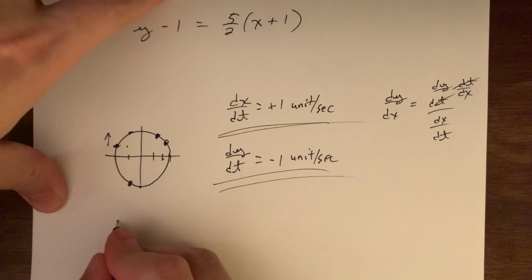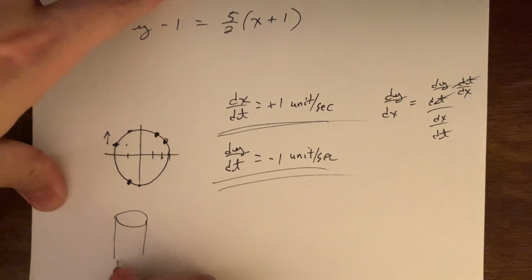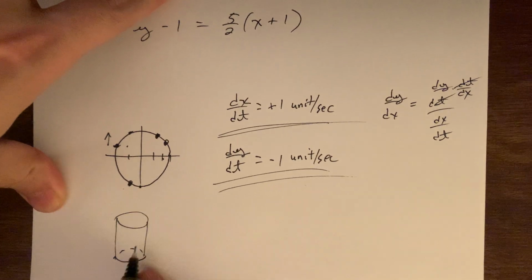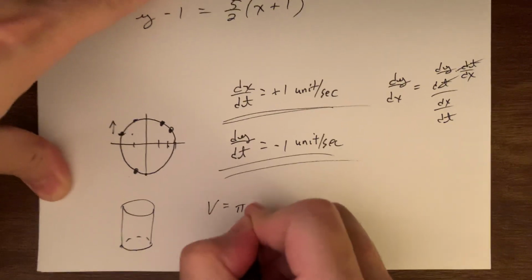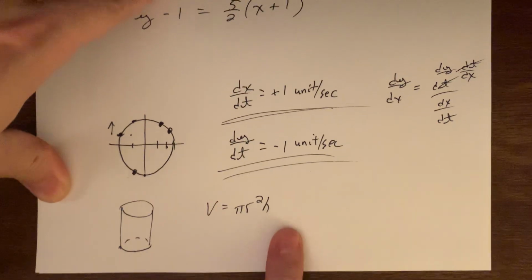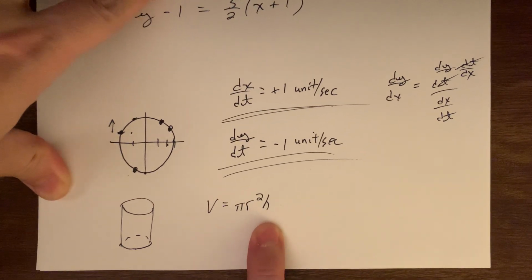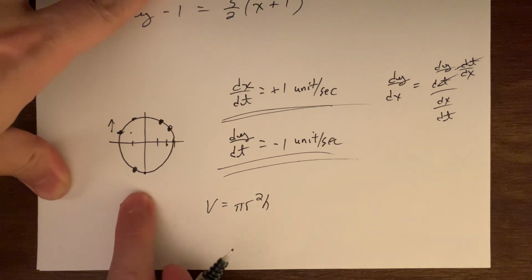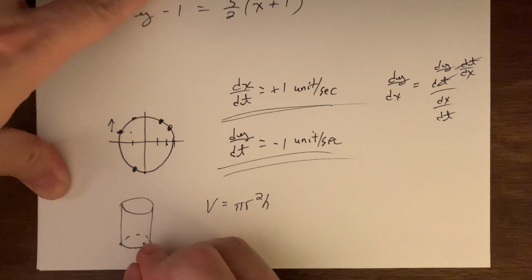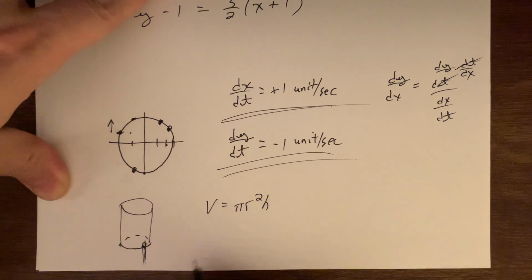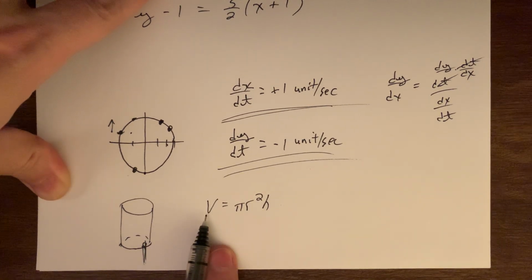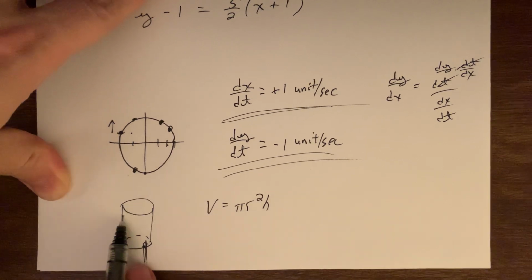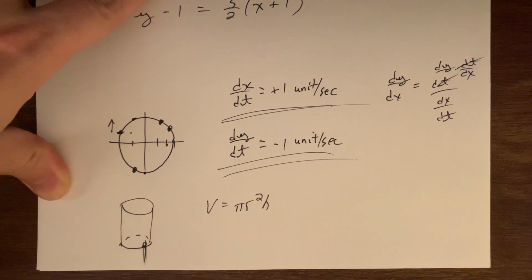So a second very, very quick example. If I knew I had a right circular cylinder, aka a soda can, the volume of a soda can is equal to pi r squared times h. But if I know how quickly I'm filling this soda can, or maybe if there's a hole in my soda can and it's leaking, if I know how quickly I'm losing volume, I know how quickly the height of the liquid is dropping in the can.